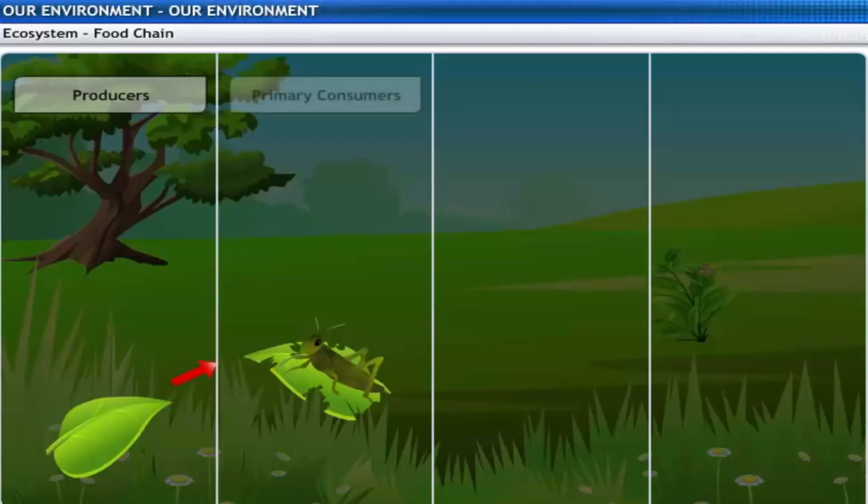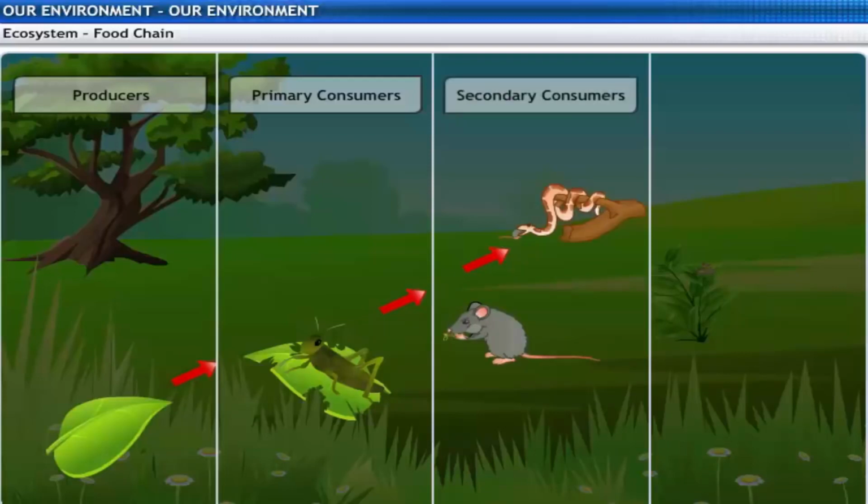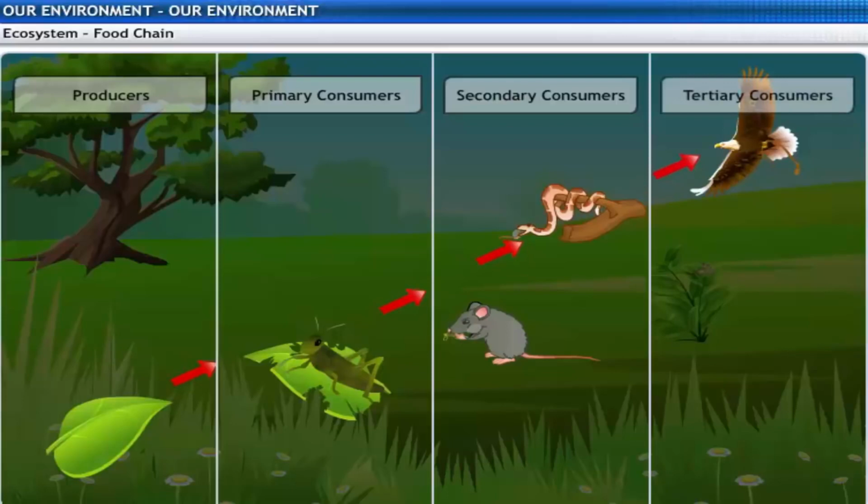The herbivores or the primary consumers, like bees, insects, come at the second level. Small carnivores like rats, snakes, or secondary consumers come at the third level, and larger carnivores like an eagle or tertiary consumers form the fourth trophic level.